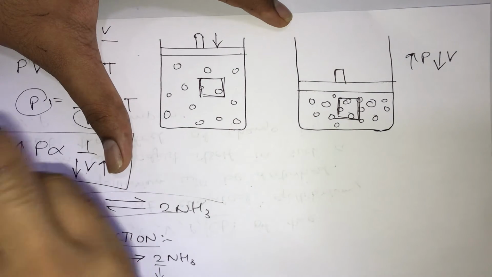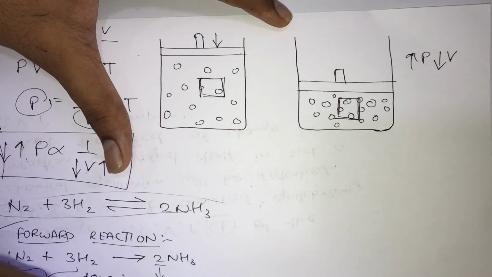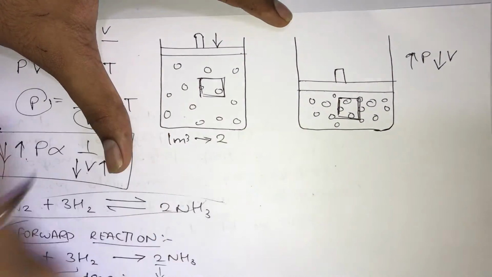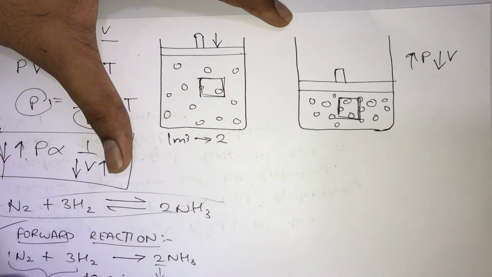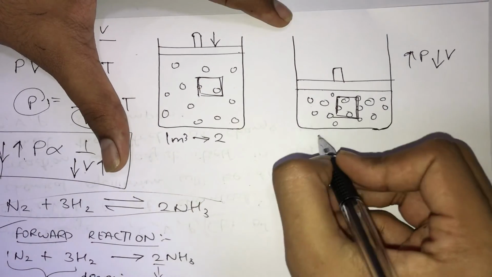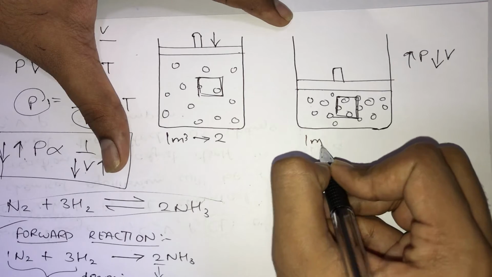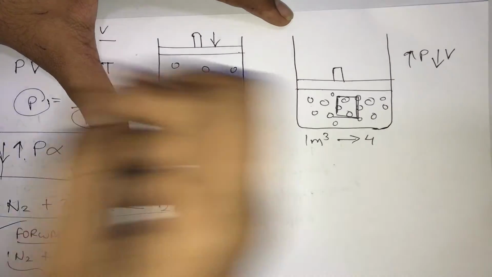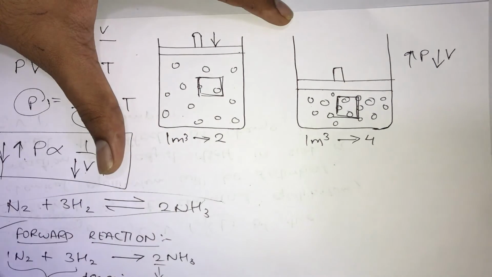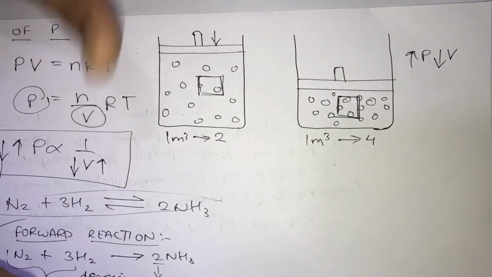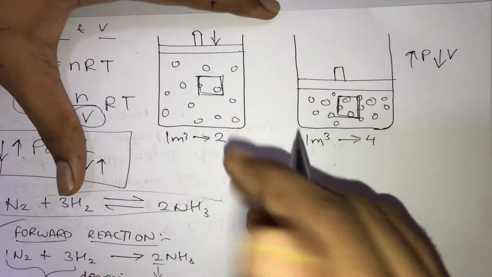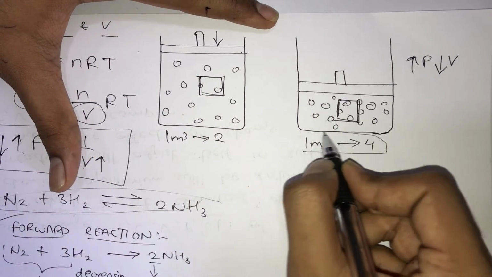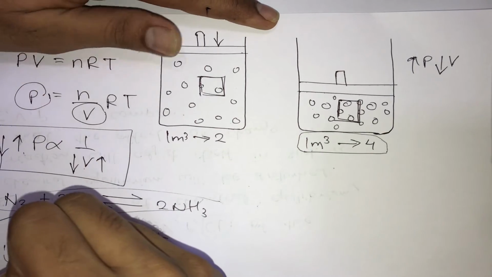Now what I get to know here guys, that in this 1 meter cube I am having only 2 moles of gas, whereas here in 1 meter cube I am having 1 2 3, let's say 4 moles. Let's assume that we are having 4 moles of gas. Now guys, can I say over here that the number of moles have increased per volume?